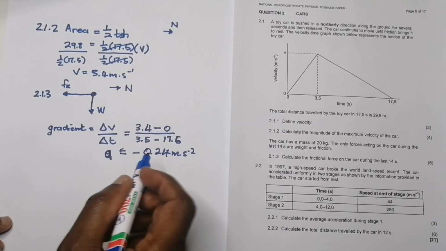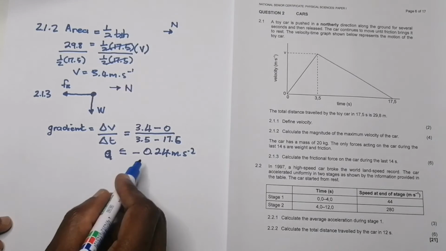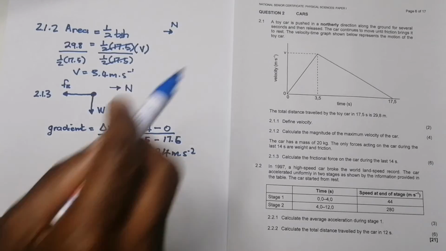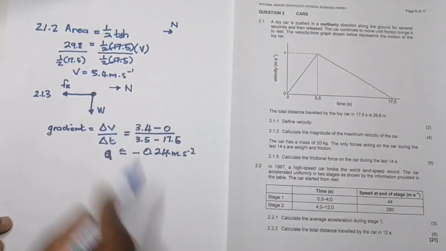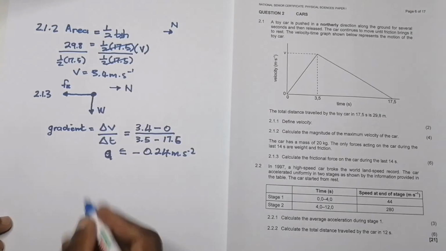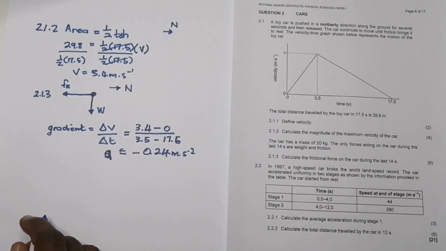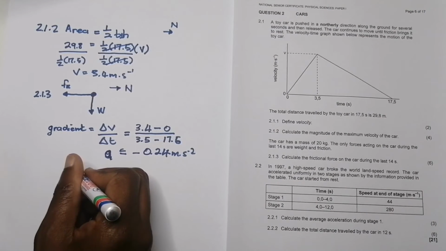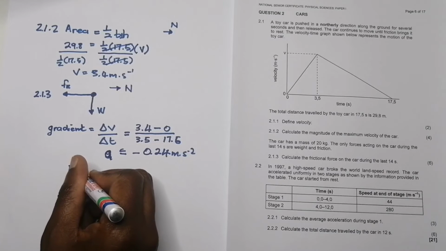So it tells us that our car in the last 14 seconds is accelerating in the southerly direction. Now we need to find the frictional force.